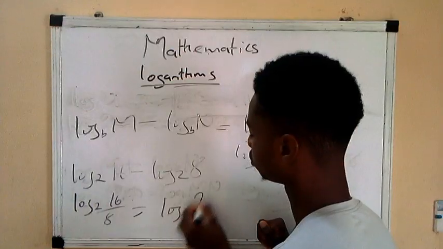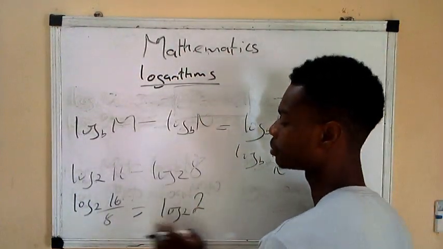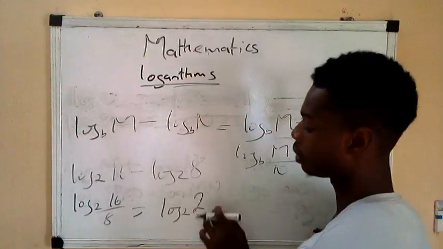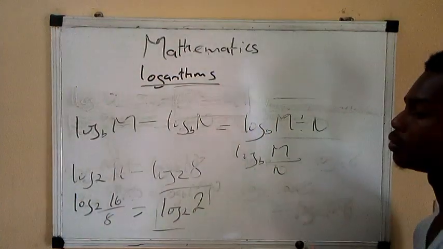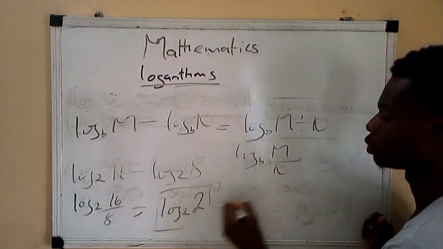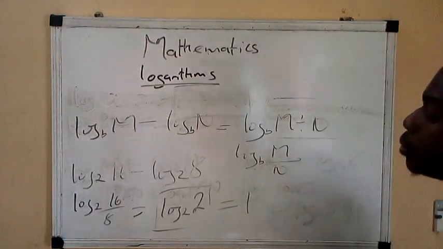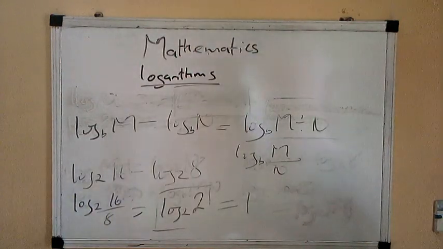Log 2 base 2. Remember this thing, I will explain it further later because some of you may be confused. The final answer here is equal to what? 1. I will explain why log 2 base 2 is equal to 1 as I continue.